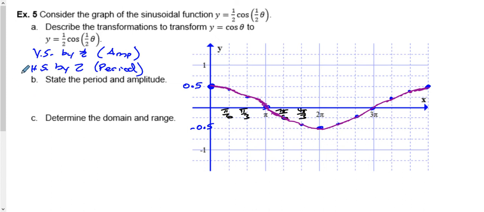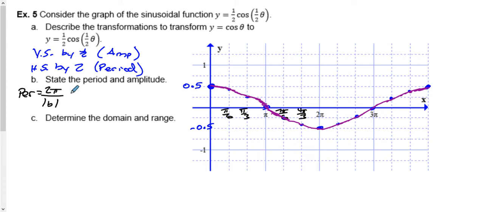So period in this case here, what are we doing? Either one, we can read it right off the graph. One full cycle is between 0 and what ends up being 4 pi. Or we can use our equation for period. So period is going to be equal to 2 pi divided by the absolute value of your b value.